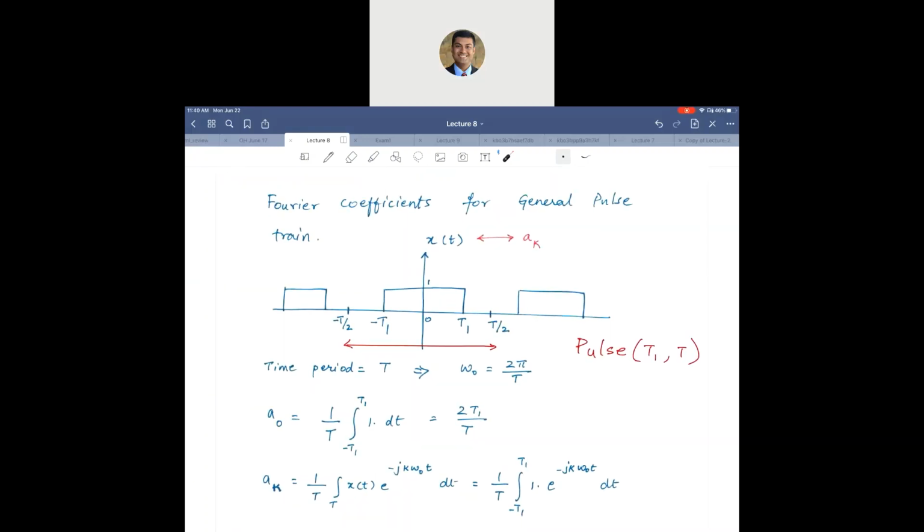Let us make it into a reference result that we are going to use from here on out for a generic pulse train. For a general pulse train, and we talked about why pulse train, a train of pulses, let us say that the pulse train is on between negative t1 and t1, and the time period for that pulse train is capital T. It is symmetric, so it has even symmetry.